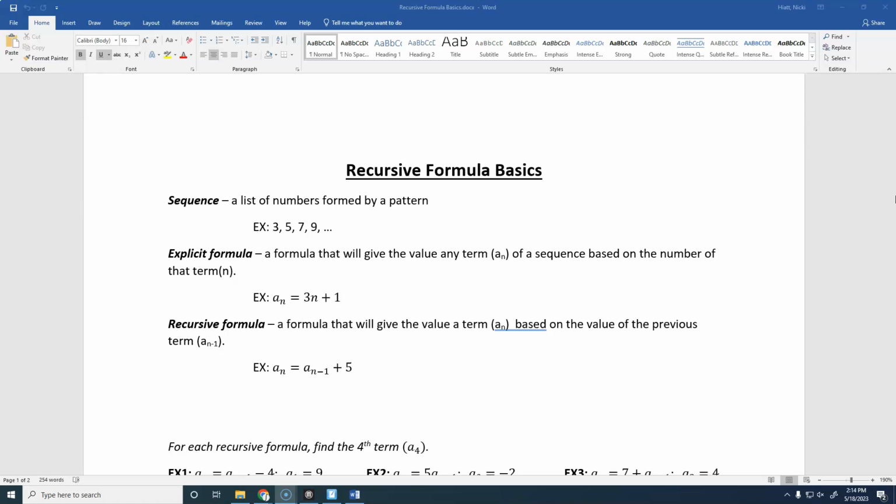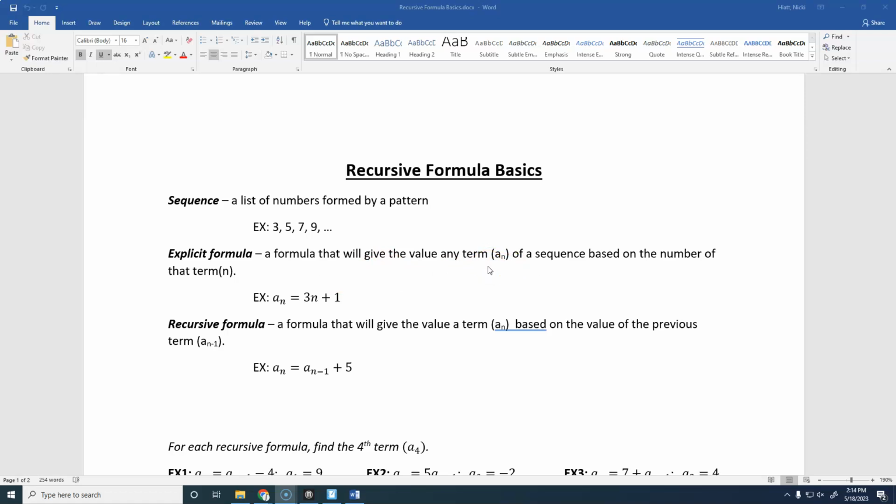So what we have been doing pretty much in this class is using what are called explicit formulas. Okay? Explicit in this case does not mean it's full of cuss words and that you shouldn't listen to it. It means it gives you exactly what you're looking for. An explicit formula will give you any term in the sequence if you just plug in that number.